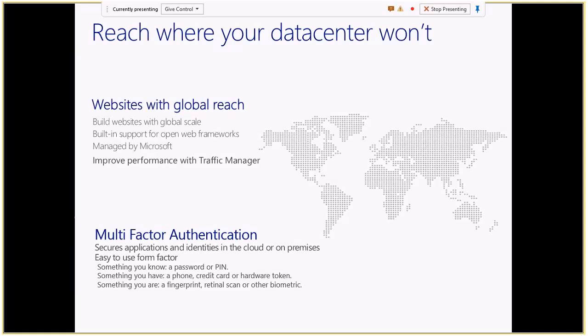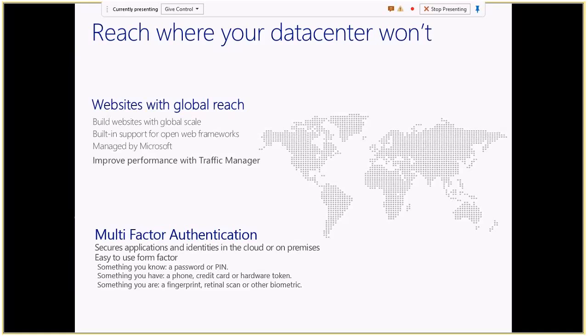Another service is called multi-factor authentication. If you do any type of two-factor authentication today or use any sort of tokens, Microsoft bought a company last August called PhoneFactor, if anyone's familiar with that. This is now a full-blown service that we rebranded as multi-factor authentication. It's great to use, so it gives you a secure way of running that second-factor authentication within the Azure cloud.